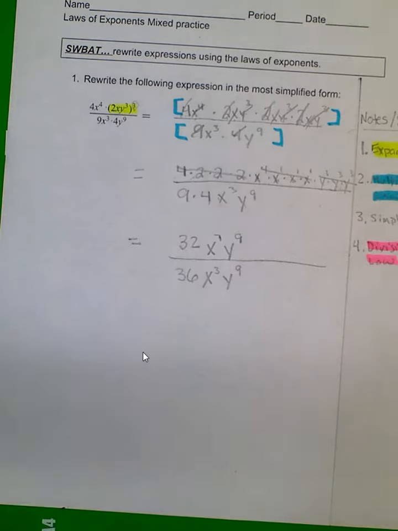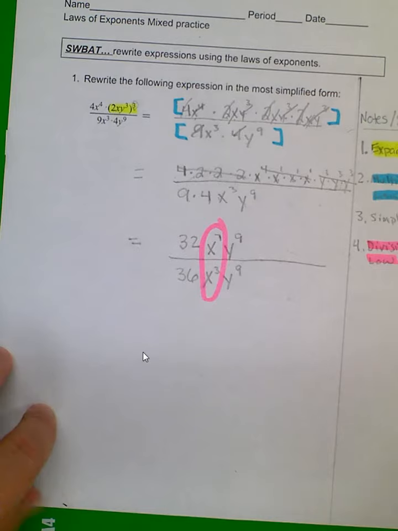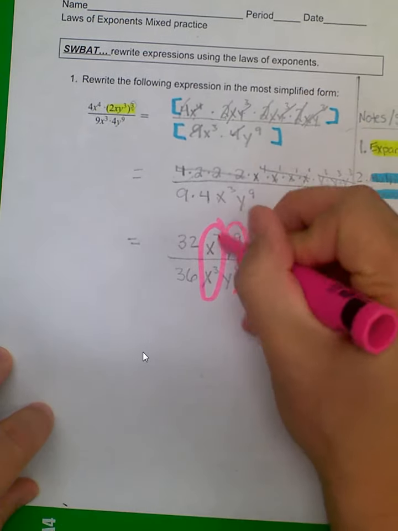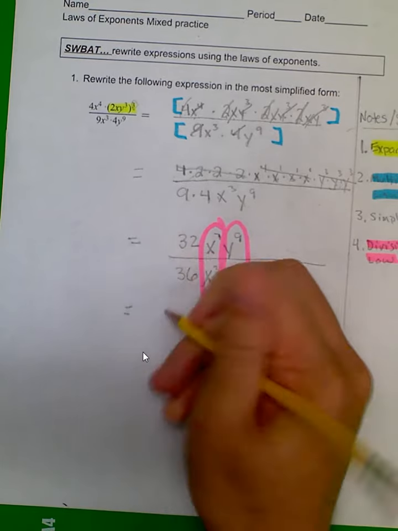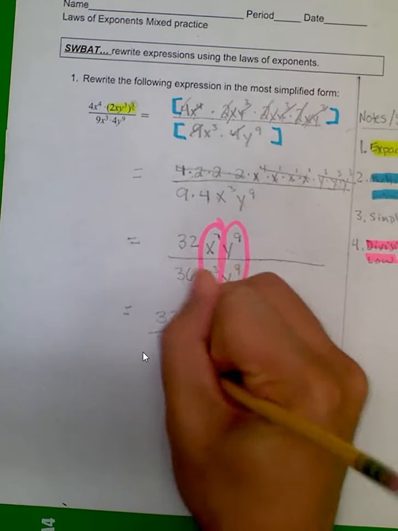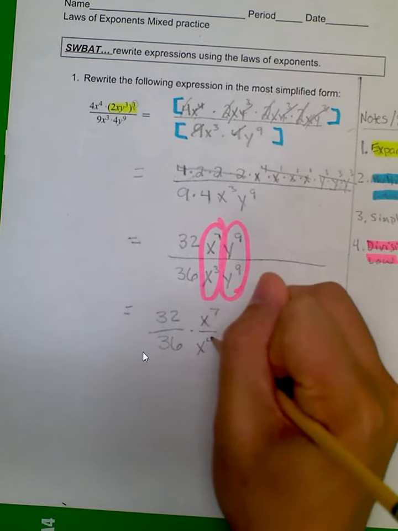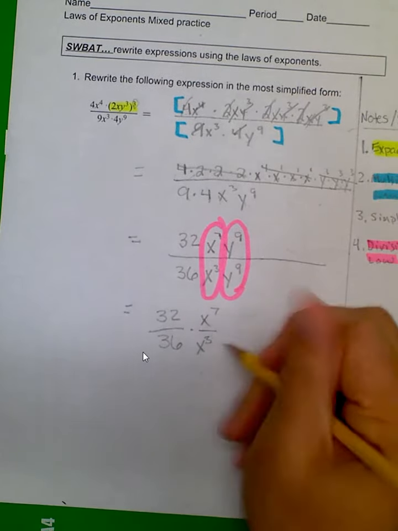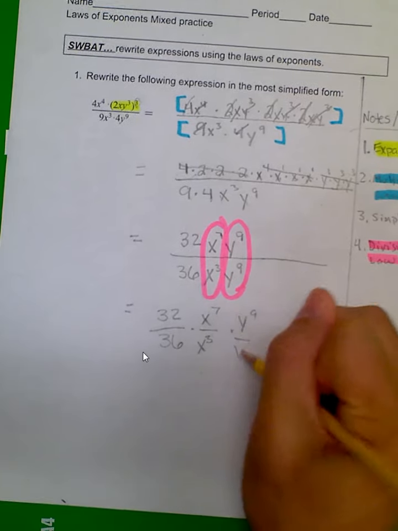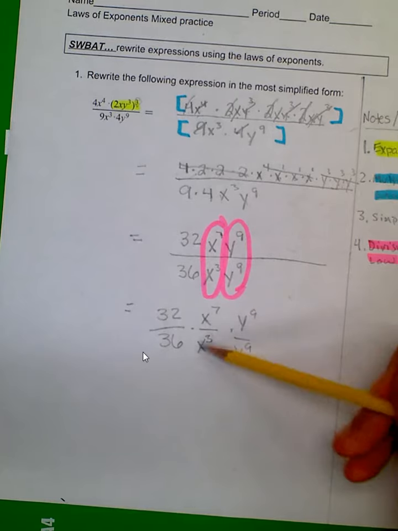And how I'm going to use that is I'm going to use the division law to divide these similar bases, like so. Again, writing down what I don't use. And I'm breaking up my fraction here. And the division law says when I'm dividing similar bases, I subtract the exponents.